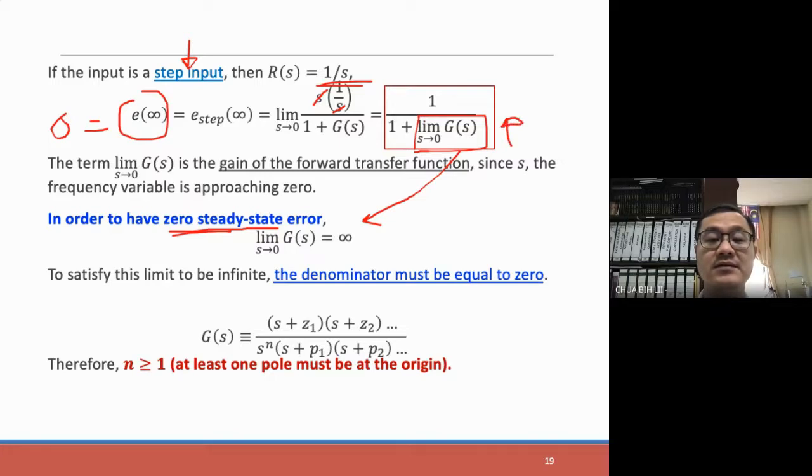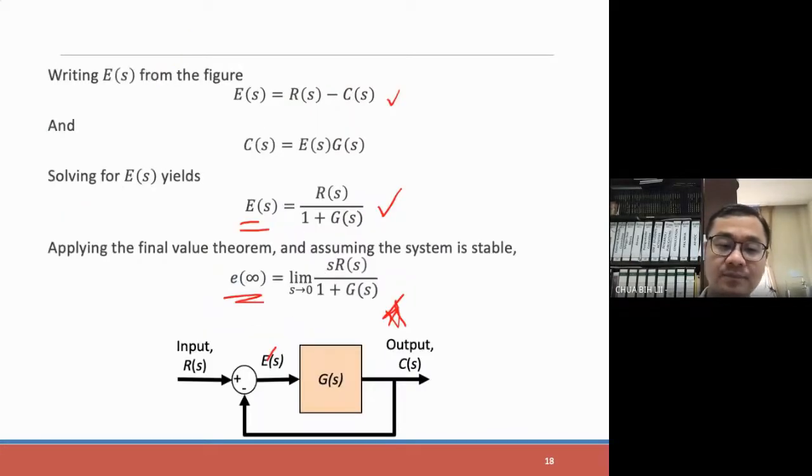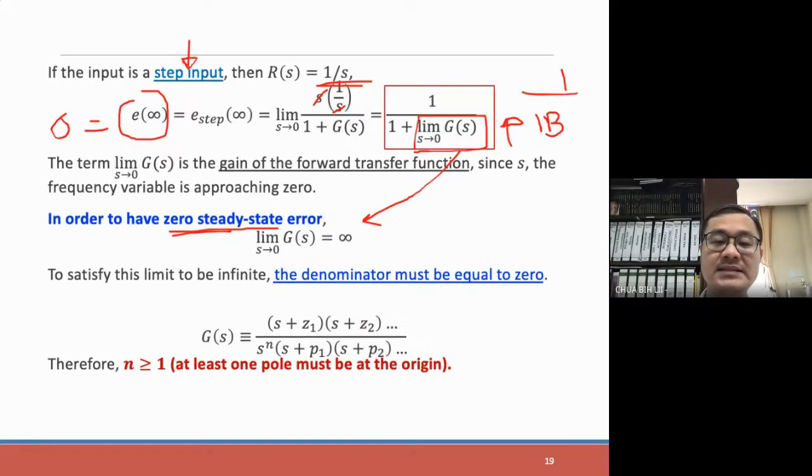If you have 1 over 1 billion, then the value will be very close to 0. So this is the idea of why, for this particular system or block diagram, we would want this limit G(s) to be as high as possible, if possible, infinite, so that we get a 0 over there.